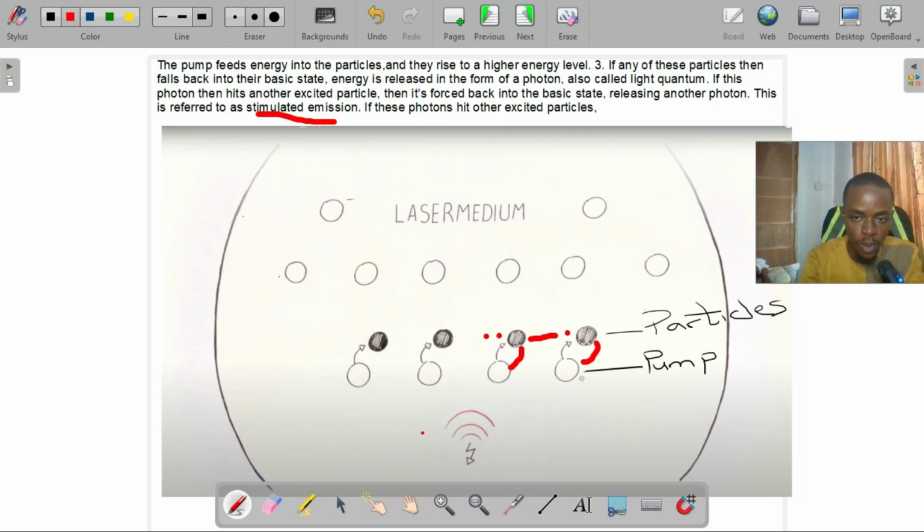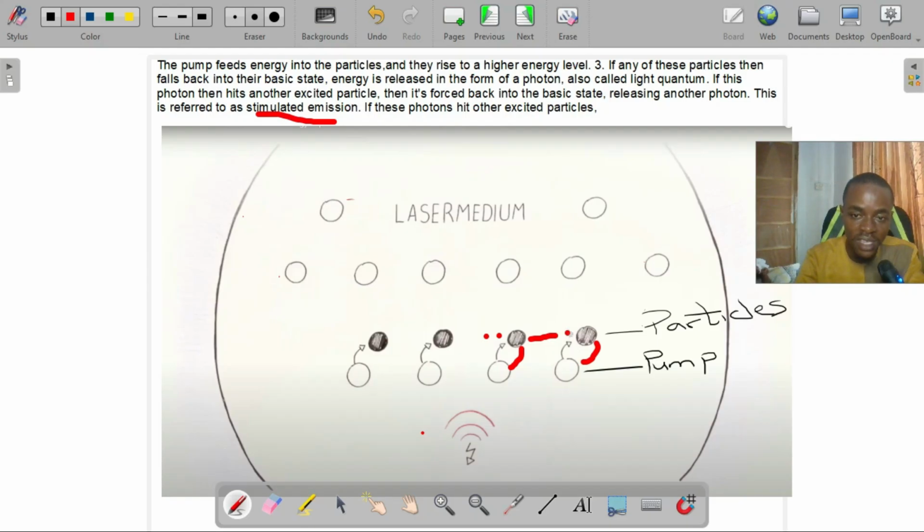Let me reiterate. Once the pump of the laser is ignited, after you've pressed the button, something goes on inside the laser medium. The pump pumps energy into the particles, taking them to an excited state, which I showed you previously. Once the particles go back to the basic state, a photon is released.